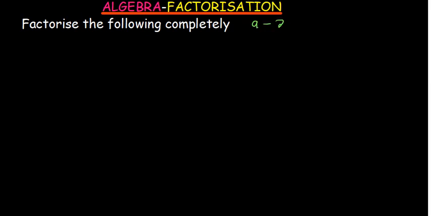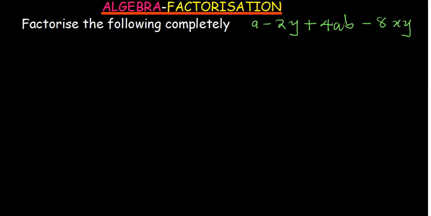A minus 2y plus 4ab minus 8xy. So this is the question that we've been given. We want to factorize it out completely.